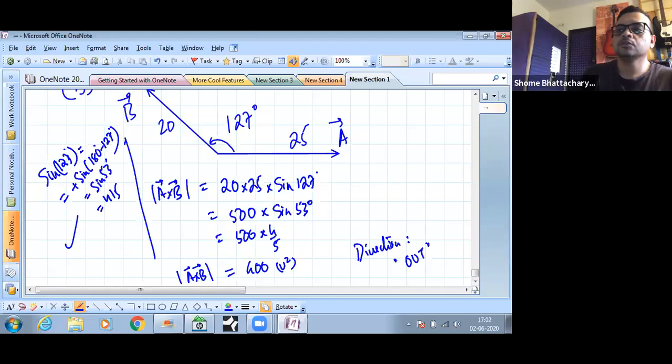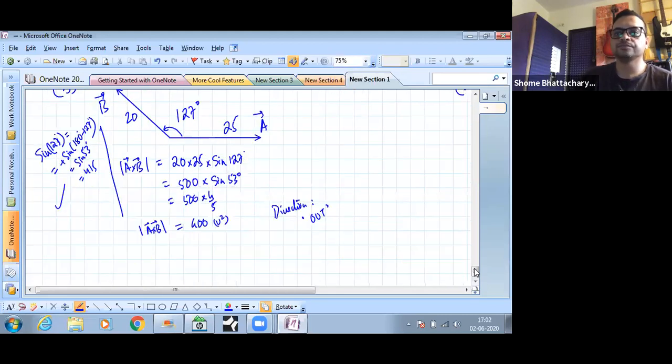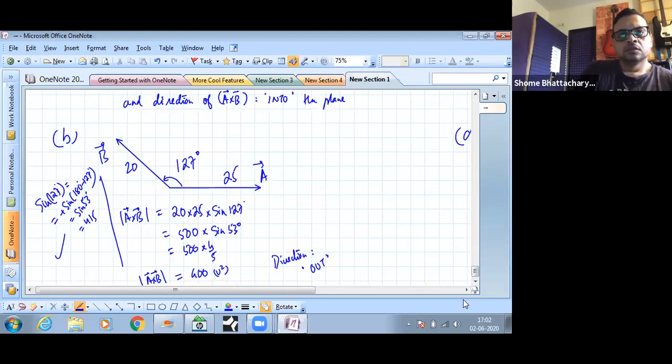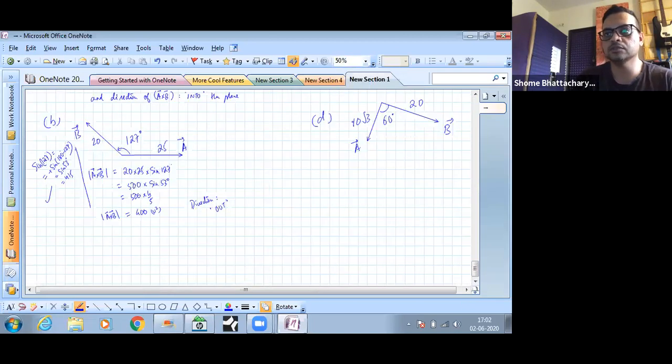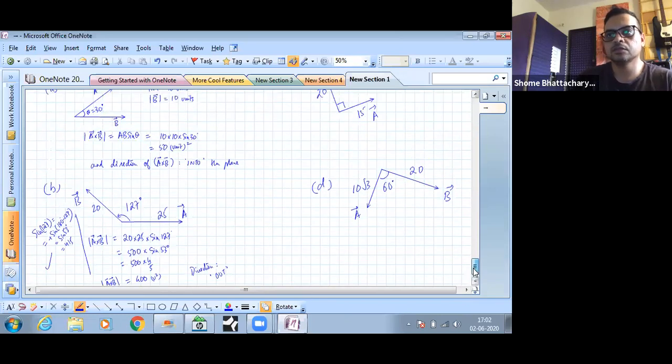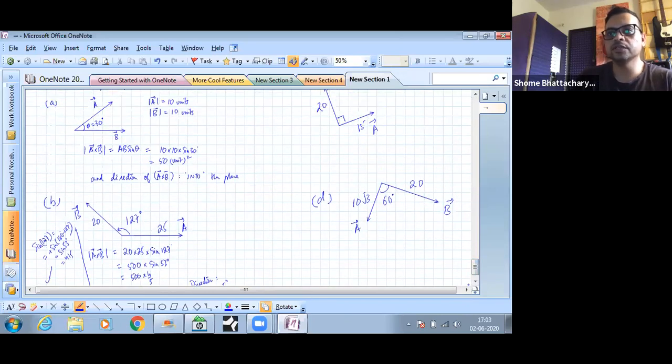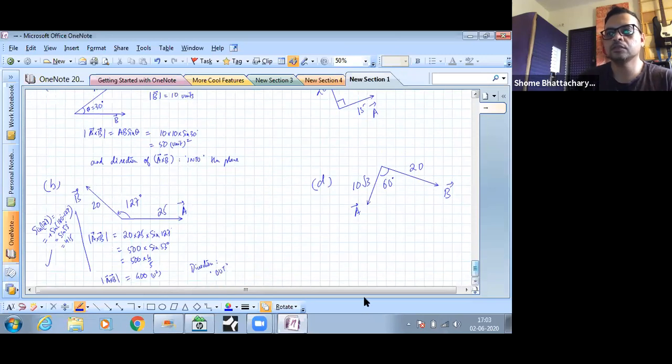You can get that from the right hand palm rule. So this should be the direction and magnitude for B part. So I'll just minimize the whole thing again so you can see the whole thing. So A was 50 and going into the plane, B is now 400 and coming out of the plane. Okay. Let's come to C and D.